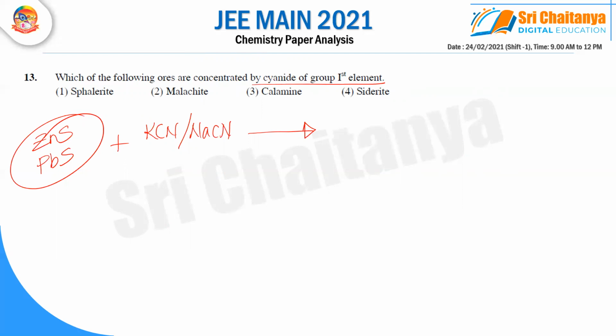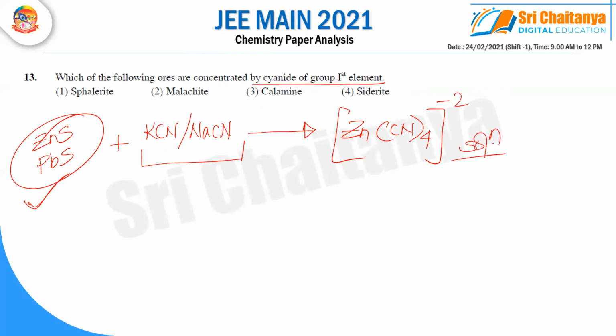So what happens is that if they are present together, we'll apply a cyanide solution. Since zinc is a d-block metal, it will have a greater tendency to form complex, and it forms a complex [Zn(CN)4]2-, which is a soluble complex, and as a result it goes into the solution, leaving PbS afloat.